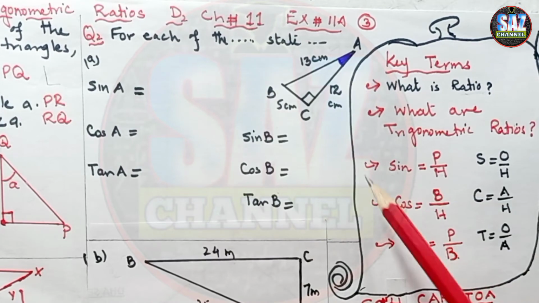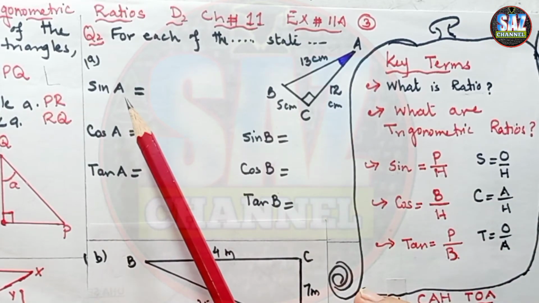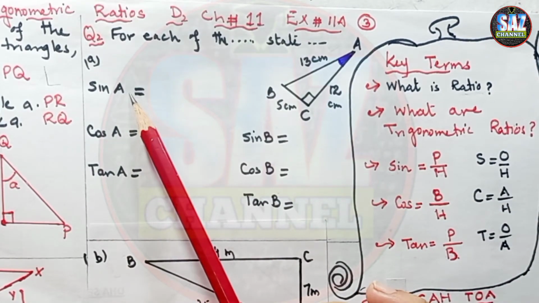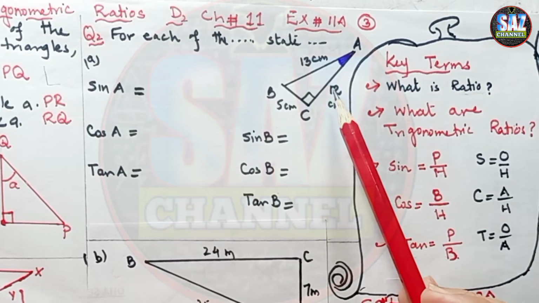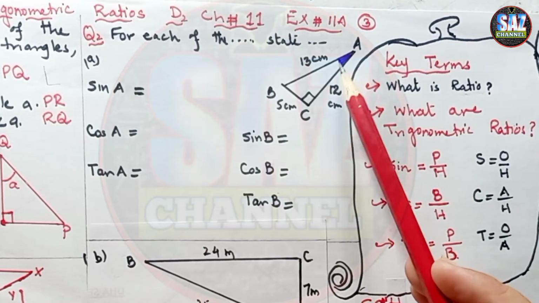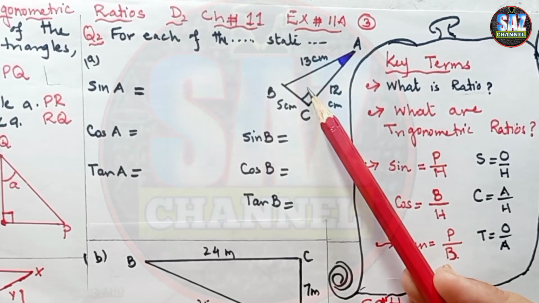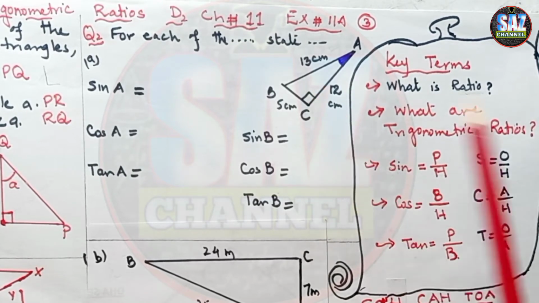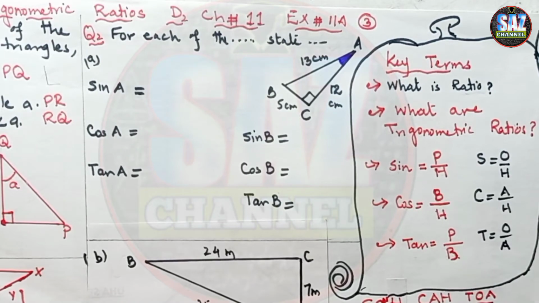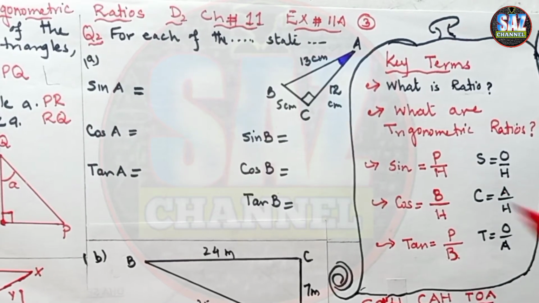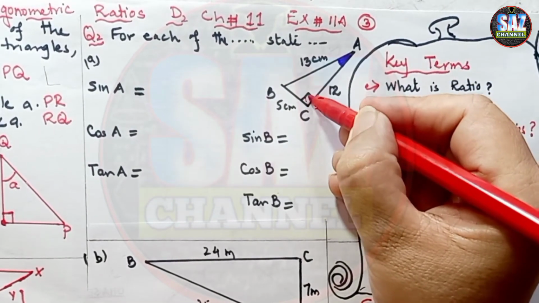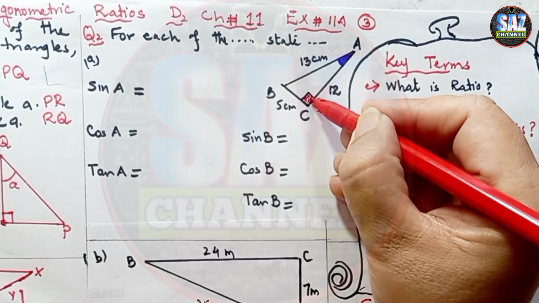And now recall what the formula is for the trigonometric ratio sine: opposite upon hypotenuse. Hypotenuse is the side which is in front of the 90-degree angle, and this is the largest side of the triangle. This is another identification of the hypotenuse as well.